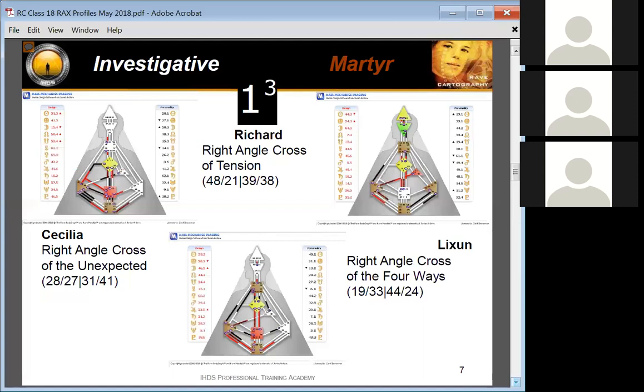My father had, Cecilia, my father had the right angle cross of the unexpected. And I used to think that his life, and maybe you've experienced your life, has a lot of things that are unexpected that can happen, especially as a 1-3, right? That fits that cross really well. Not everybody is a 1-3 on the cross of unexpected.